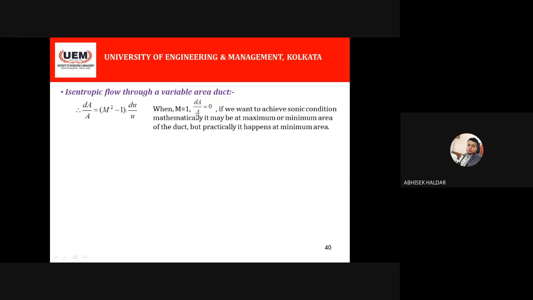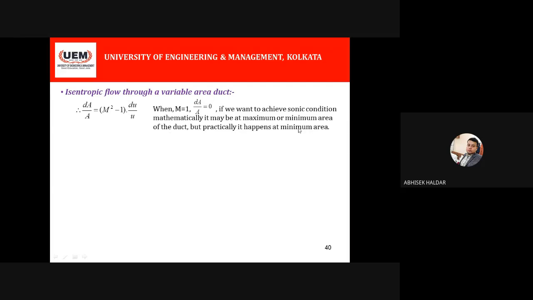If I am having dA by A equal to 0, from the concept of basic derivatives, what should I say mathematically? First derivative 0 means mathematically it may be at maximum or minimum area of the duct, isn't it? From the mathematics, I can say it or not. Yes, sir. But practically it happens at the minimum area.